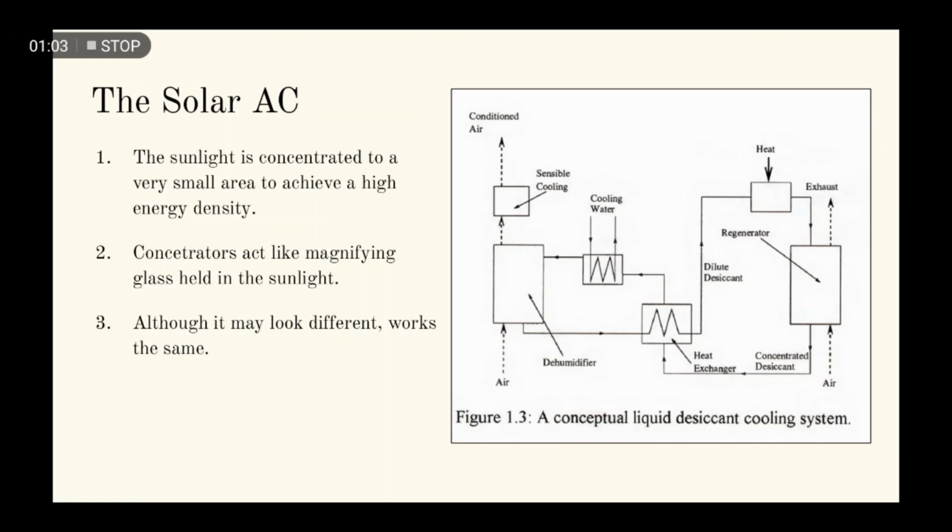Other than the sensible cooling unit, we have a cycle which flows from the dehumidifier to the heat exchanger, from the heat exchanger to the heat source where we'll be using a solar concentrator. Then from the solar concentrator, it moves into the regenerator, back into the heat exchanger, and it is cooled further in the desiccant cooler and moved back into the dehumidifier. So this cycle is used for the dehumidification.